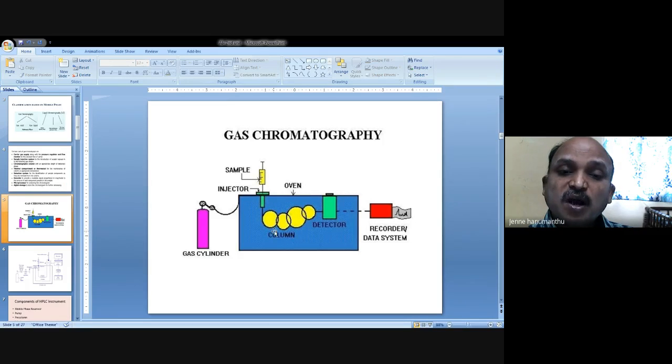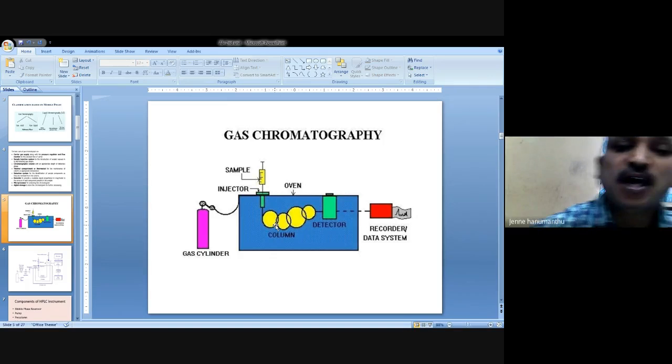The column acts as the stationary phase, so it allows the sample to be analyzed and it allows separation of the sample within it. That is called the stationary phase. So the mobile phase is gas, and the stationary phase is the column.